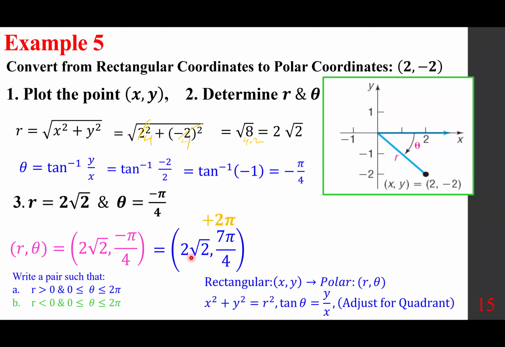That means add pi, 3 pi, 5 pi, 7 pi, things of that nature. So in this case, all you have to do is add pi. If I add pi, which is 4 pi over 4, to negative pi over 4, I get 3 pi over 4, and I'm done. It's that simple, everybody.